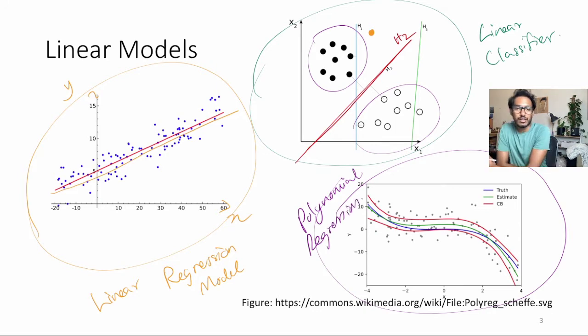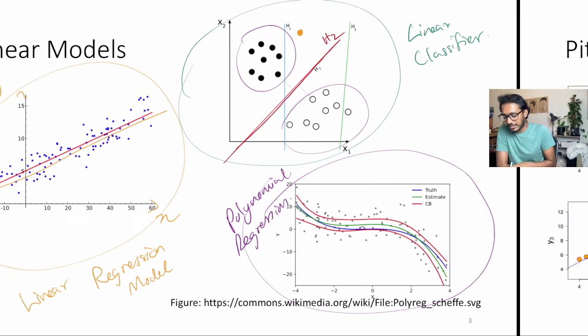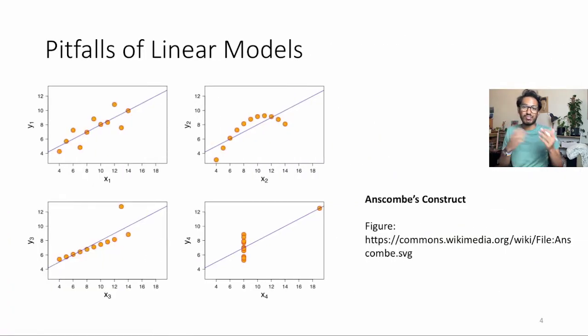Let's see where we can't really use linear models. This is a very famous construct called Anscombe's Quartet, where they show that linear models don't always work.